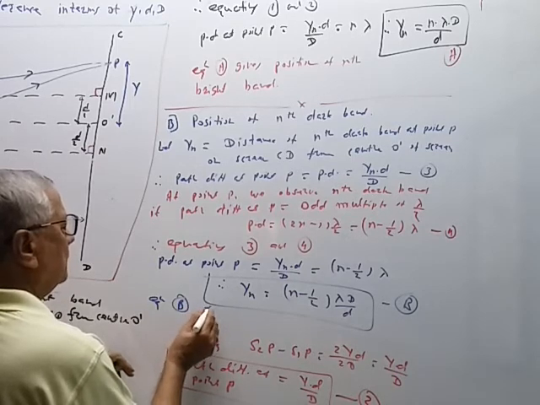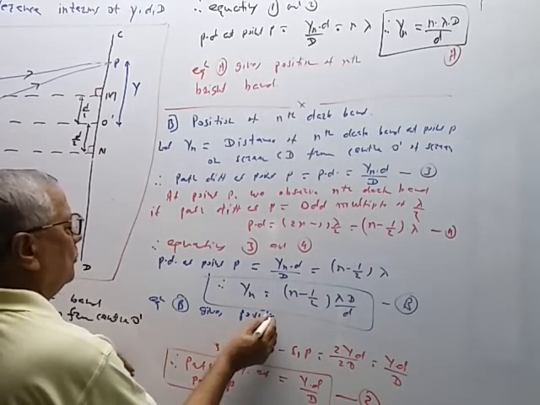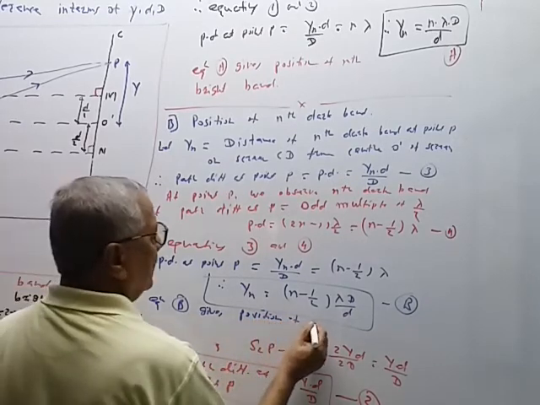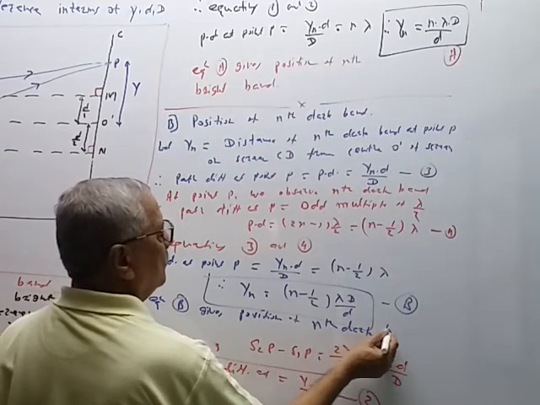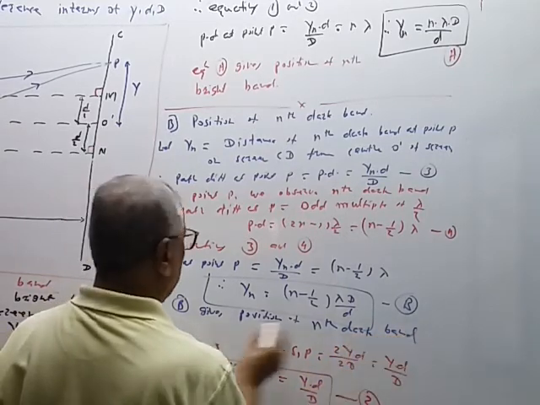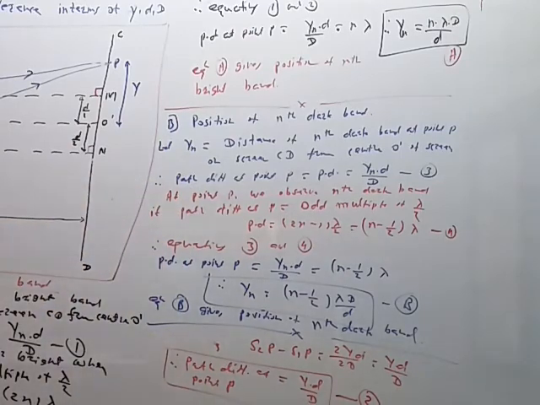Equation B gives the position of the nth dark band like this. So we can determine the position where we will observe the nth bright band and where we will observe the nth dark band.